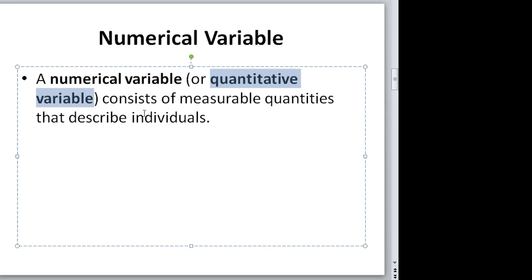That's a number. Someone's salary, money, that's a number. Distance from school to your house, that's a number. What else can be in number form? Well, the weight of a textbook, different types of textbooks, that's number form. So all those types of variables are called numerical variables, which is the number form of the variable.